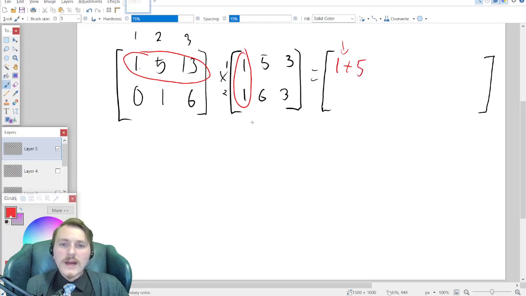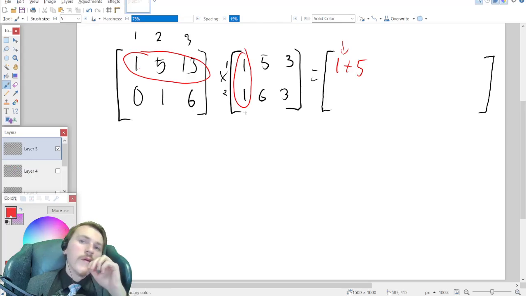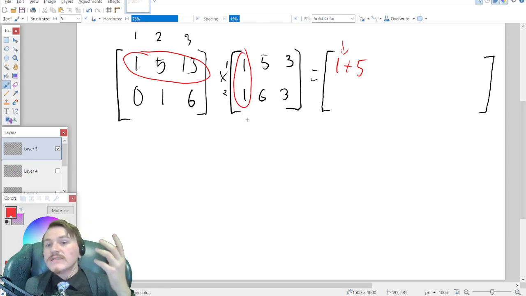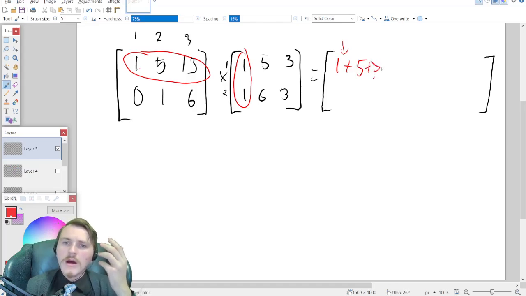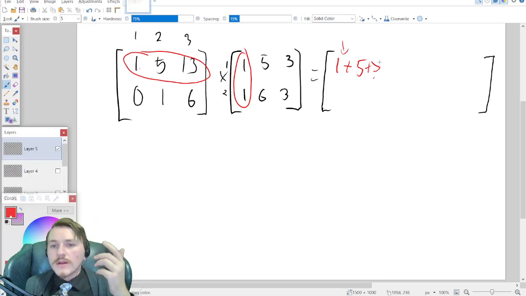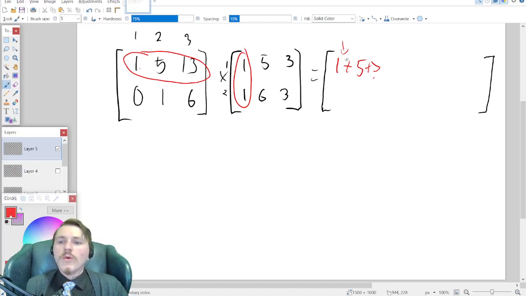Third item times, it's undefined. There is no third item. So plus, we can't do it. It's not solvable. We cannot find the product for it. So this is how we can show definitively, even if we try to start multiplying, we're going to end up with problems here.